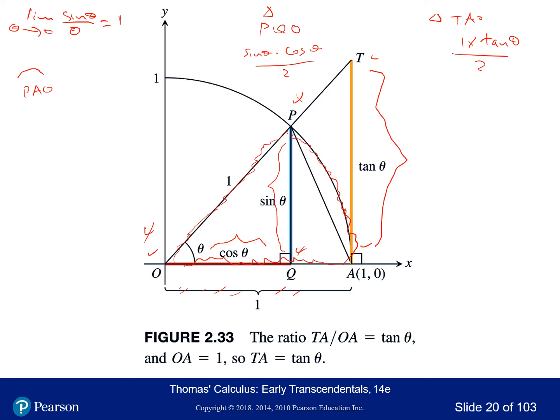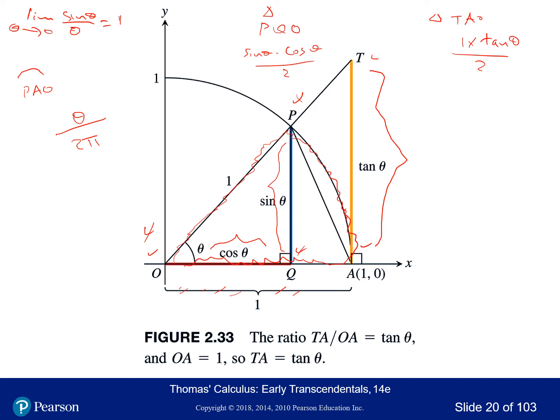The angle is theta. Since the angle is theta, we can relate theta in ratio to the overall angle of a circle. The overall angle of a circle is 2 pi, and theta is this angle. So the ratio of this angle with respect to the overall circle is theta over 2 pi.